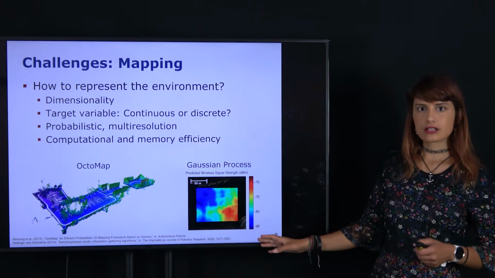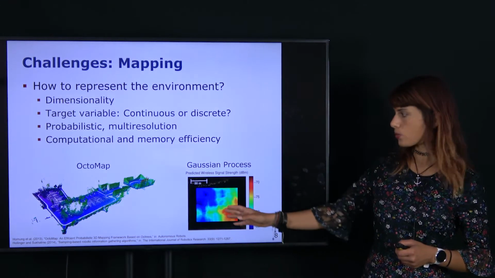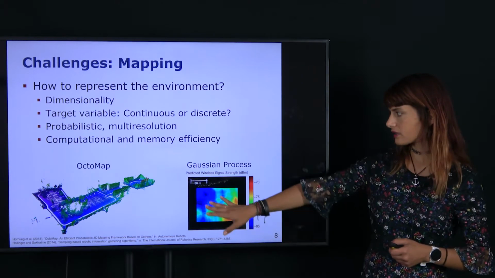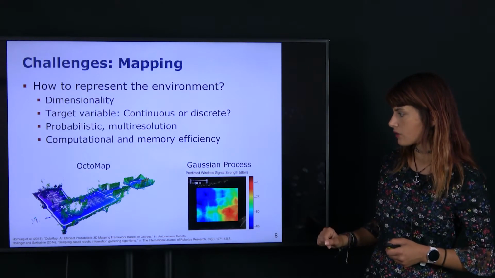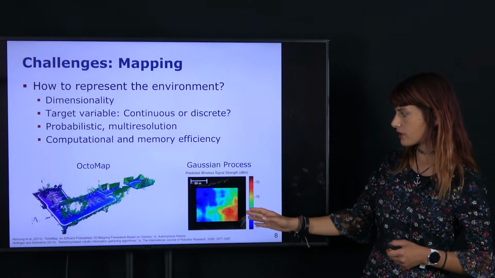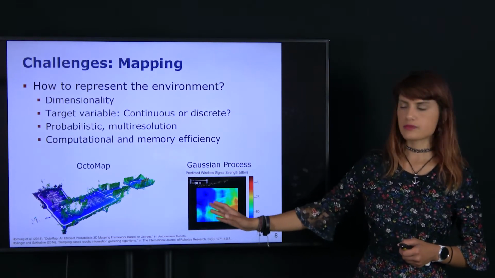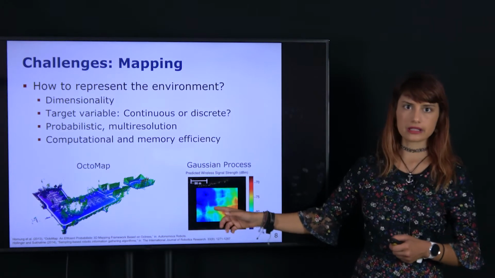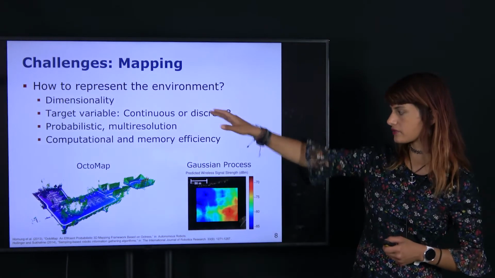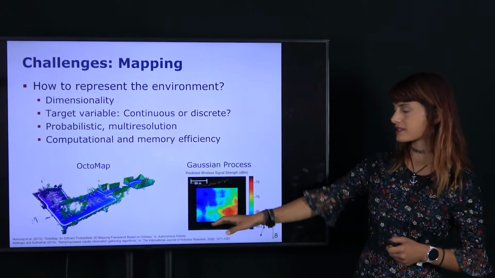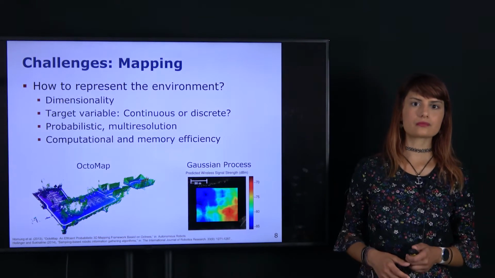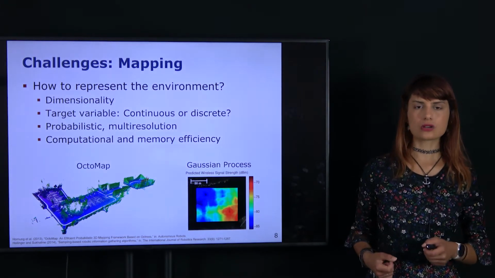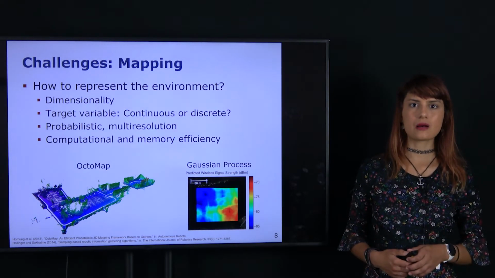In this particular example, we have wireless signal strength measurements collected on top of a lake in this region. And using the Gaussian process, we're able to obtain this smooth behavior because the measurements are all related to each other due to the nature of the target variable, that is the signal strength that we're mapping. So these are just some examples of maps that are commonly used in informative planning applications.